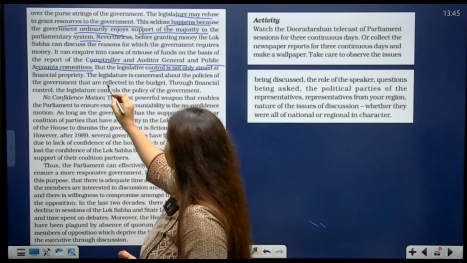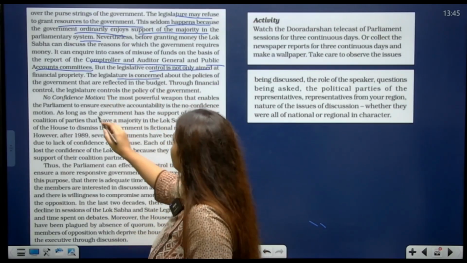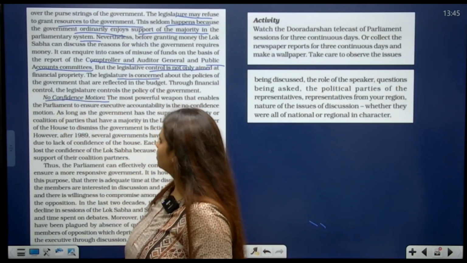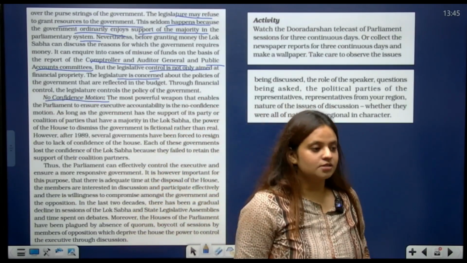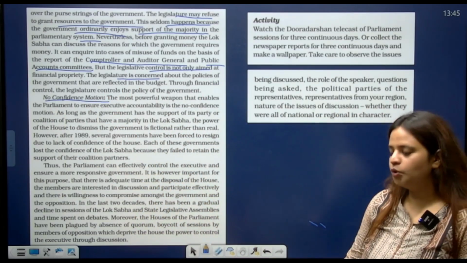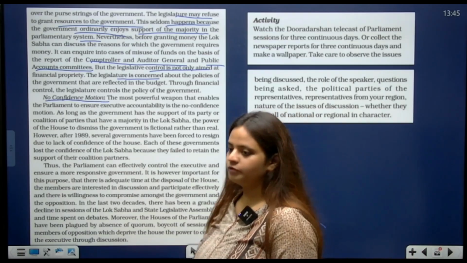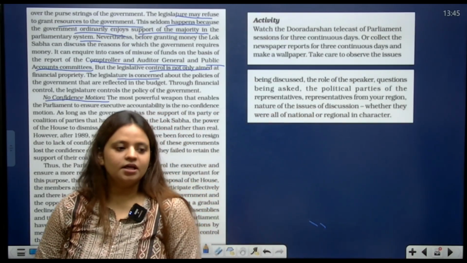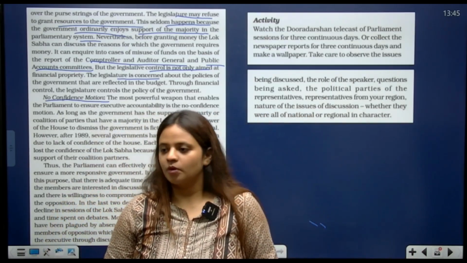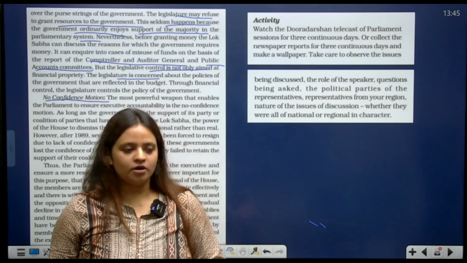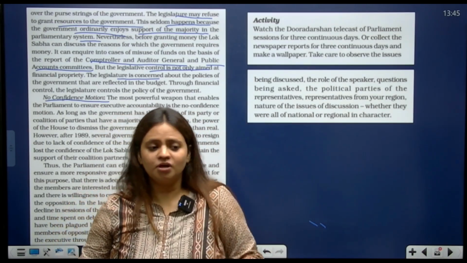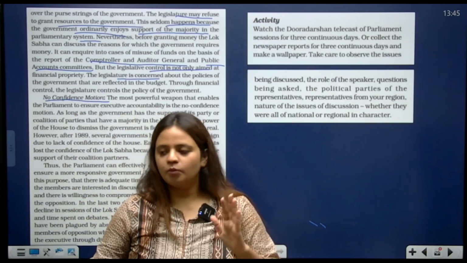Then we have the no confidence motion. As I told you, the ruling government of the parliament should have a majority in the parliament. Now, to gain that majority, what does the party do?